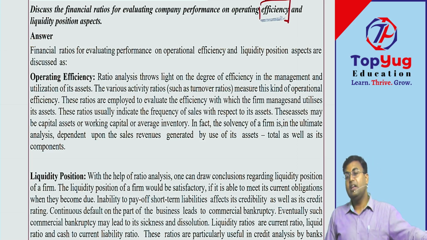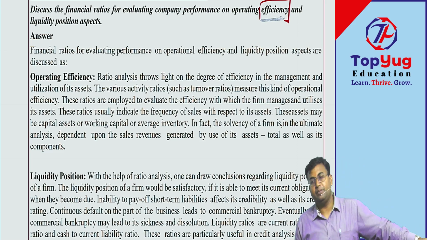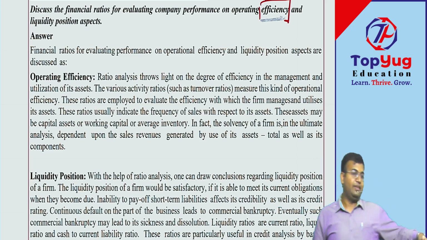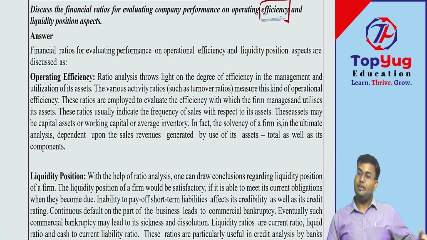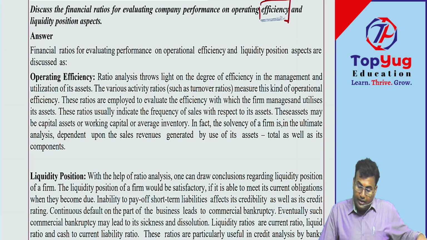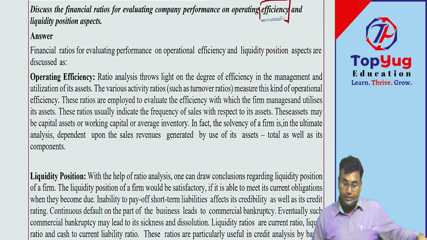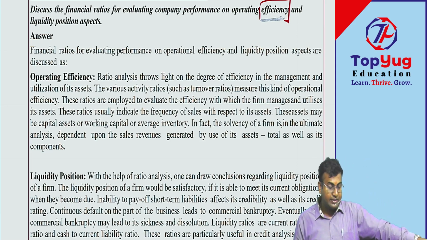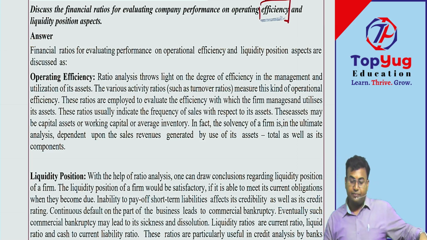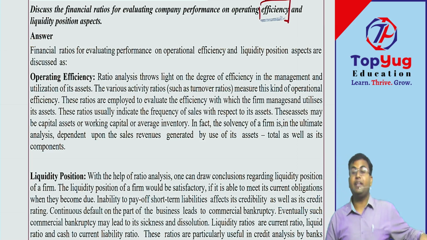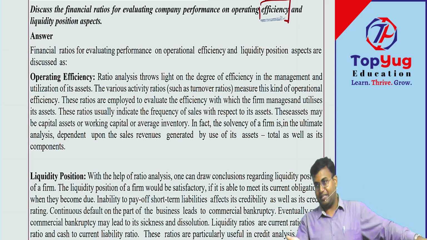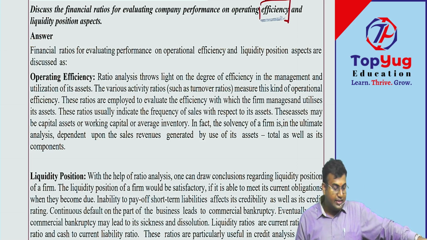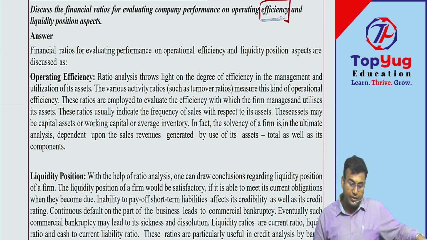For a business, you will call it an efficient business when they effectively use their assets, right? This ratio usually indicates the frequency of sales with respect to its assets. That is basically the activity ratio. These assets may be capital assets or working capital or average inventory.